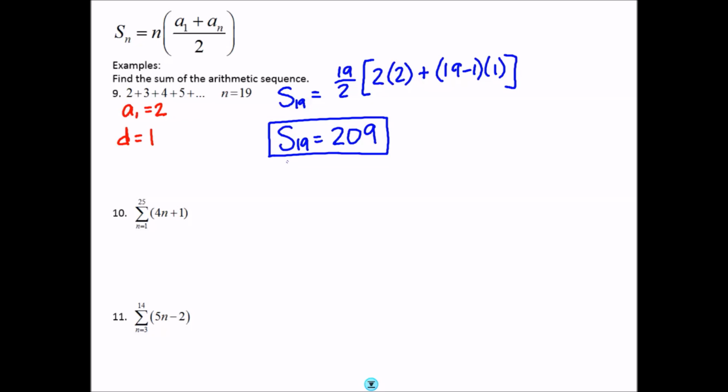We already said that this is the Greek letter sigma. And what this means is that we are starting with the first term, and we are going until the 25th term.